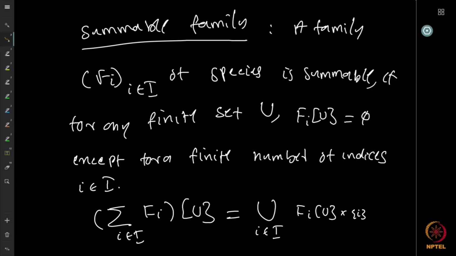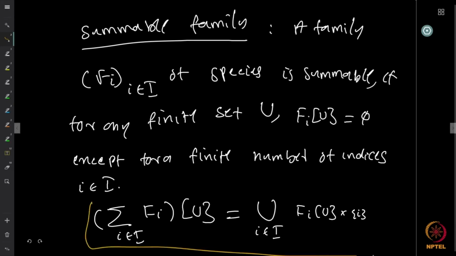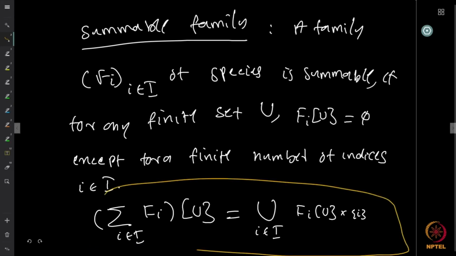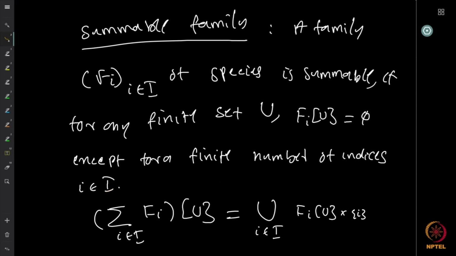Then we have that the summation over all I of Fi of U is basically the union of Fi of U cross I. So this Fi of U cross I, the cross I is basically used to make sure that we are looking at a disjoint union. That is the only purpose of that. And whenever this is empty, we don't have anything here in the product.